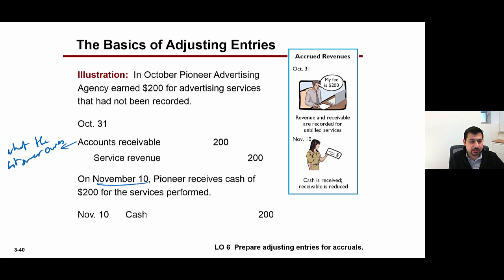At the same time, the account that is credited is accounts receivable, because the customer is paying their debt. They used to owe Pioneer Advertising $200. Now they don't owe them that anymore. This is why this is not service revenue. It's accounts receivable. They are paying their debt. They're not paying for a new service.